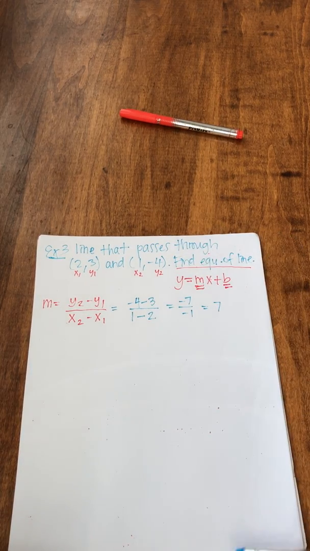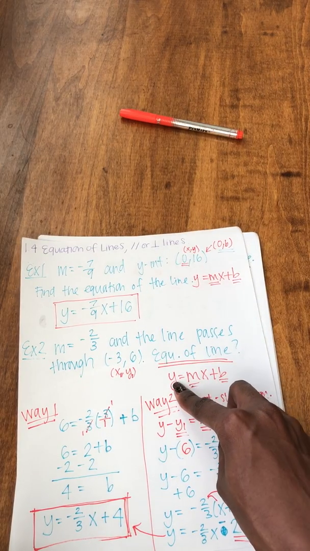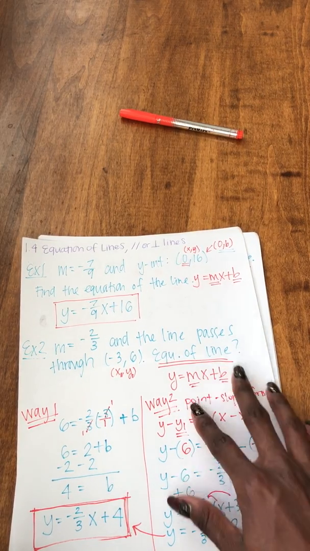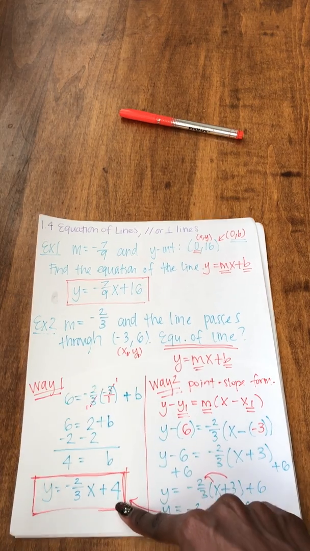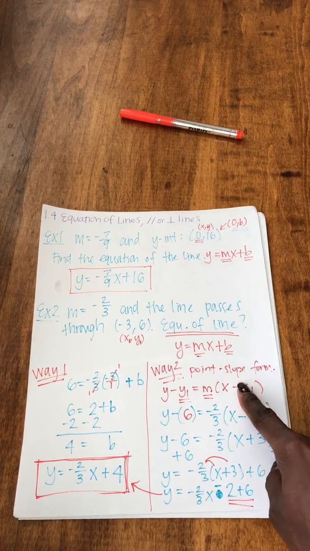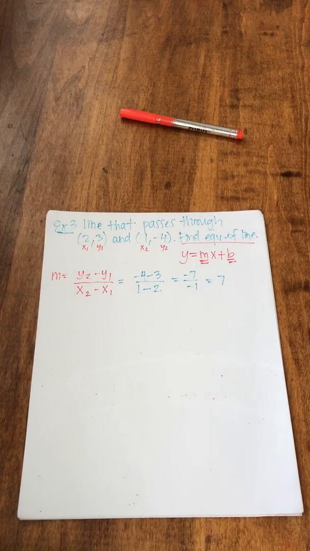So just like in the previous example, you can work it both ways. You can either take the original slope-intercept formula and pick a point and plug it in and plug in your slope as well and get to the solution, or you can use the point-slope form and do it that way, okay? Either way doesn't matter. It doesn't matter which way you get to the answer, excuse me.